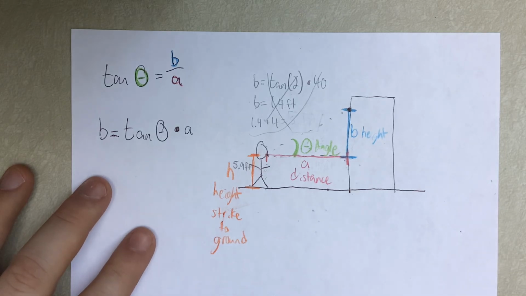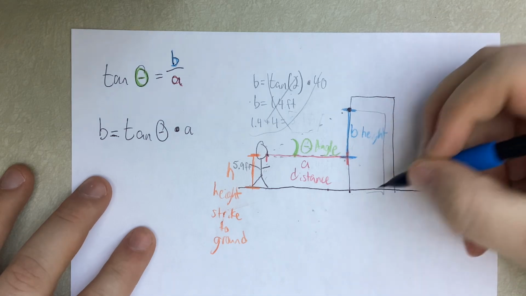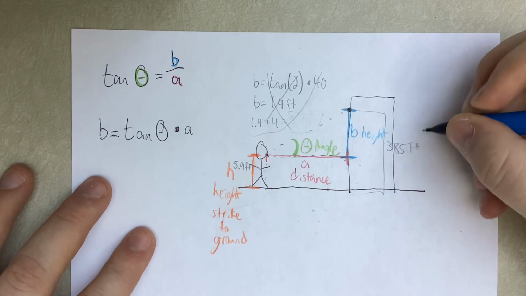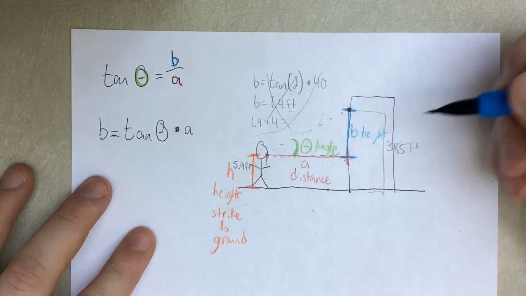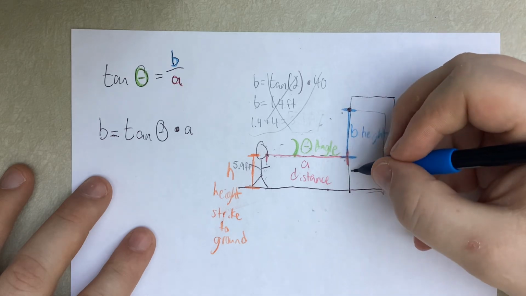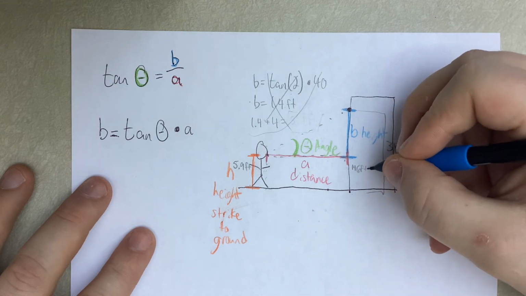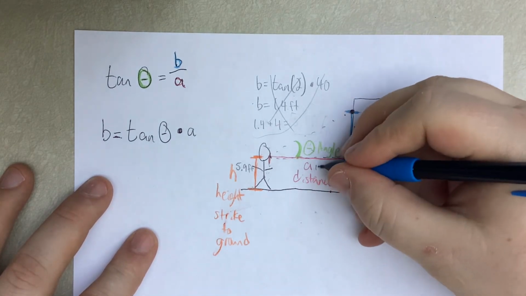It's also going to give me that the roof of the building was actually 385 feet high. From here to here was 385 feet. It also gives me that the building is actually 146 feet away. Actually, I put that in the wrong spot. Let me put that over here. 146 feet.